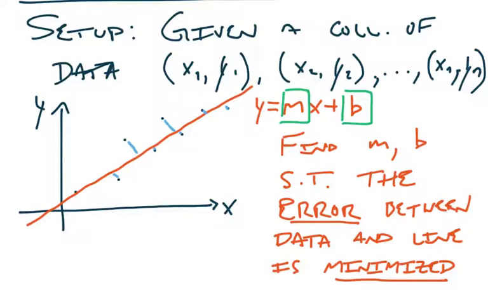And you can calculate those lengths just using the fact that you know the equation of the line is mx plus b. As you vary m and as you vary b, you will change the lengths of those blue lines. So the idea is to figure out which values of m and b will minimize the error.